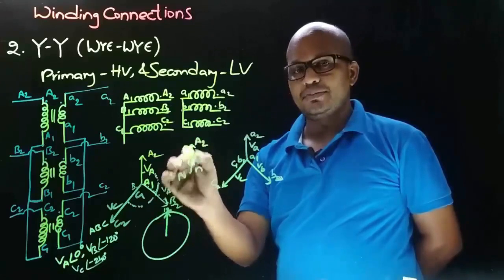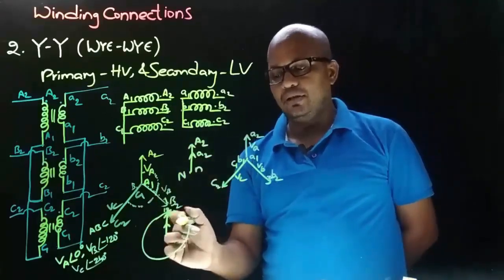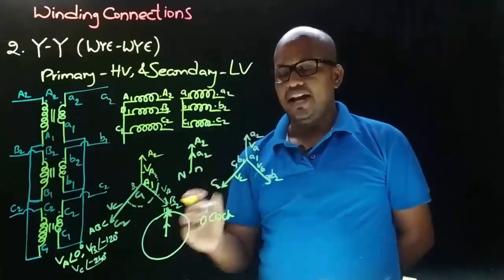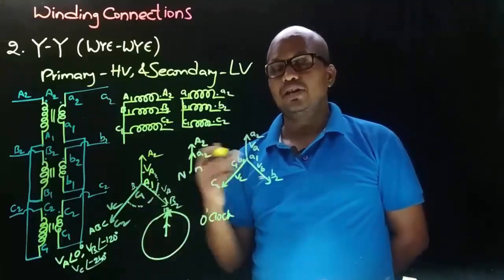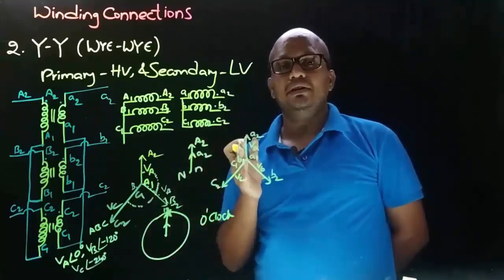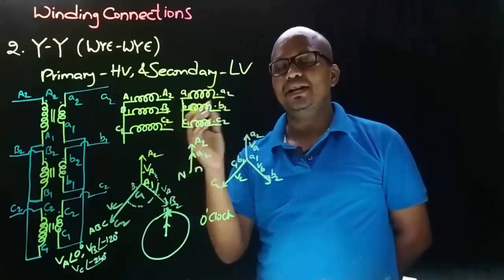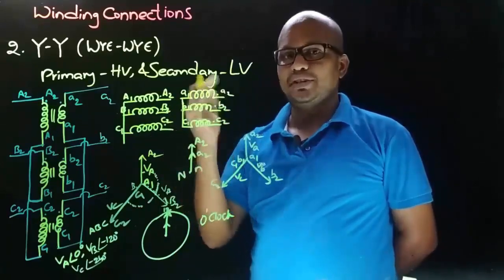And let's observe this in clock. So if you observe this in clock, it will represent 0 clock hours, and the phase angle difference between the minutes needle and hours needle will represent the LV side phase to neutral voltage displacement with respect to HV side phase to neutral voltage. Now let's obtain the vector group symbol.